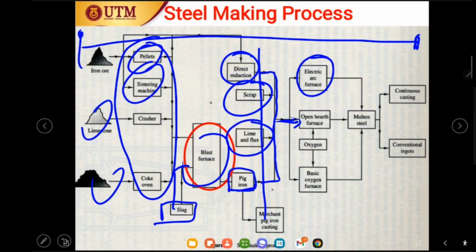The product from this open hearth or electric arc furnace is molten steel. The molten steel will produce what we call the final products. We will talk about the electric arc furnace and also the open hearth furnace later on.